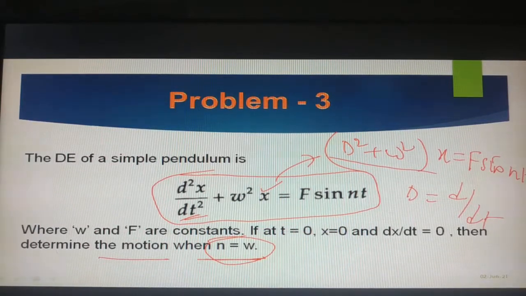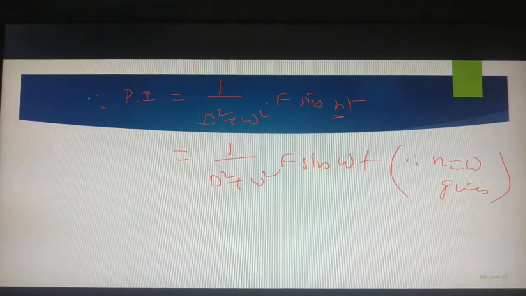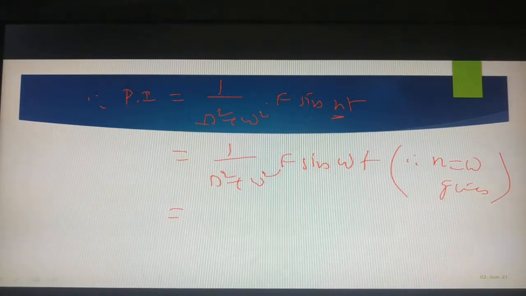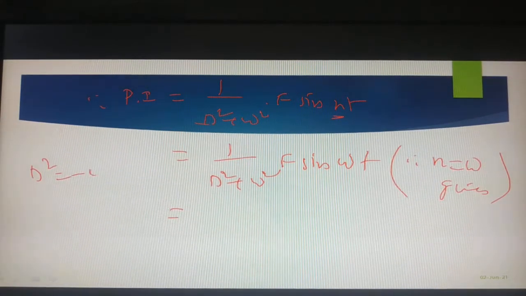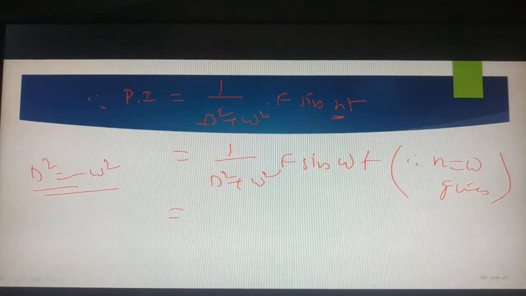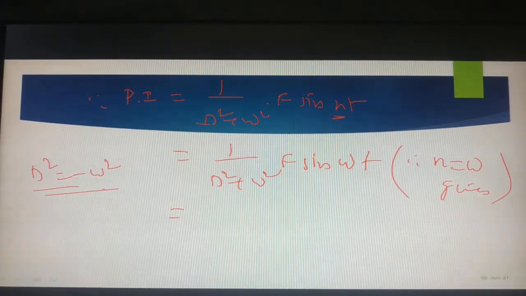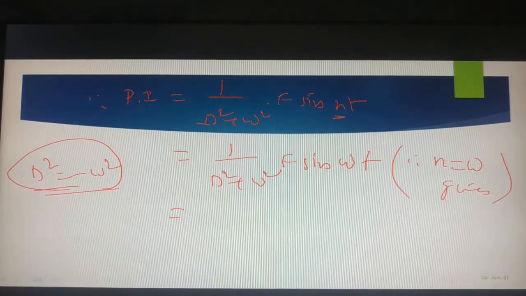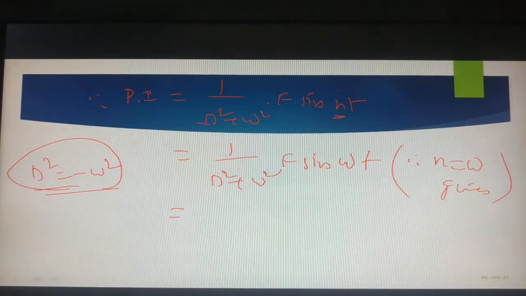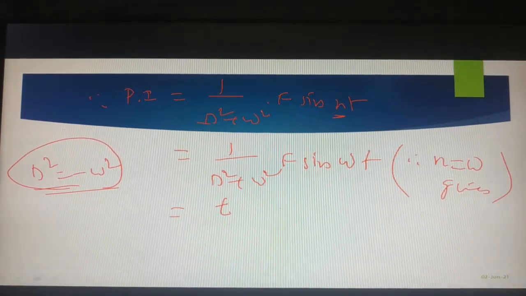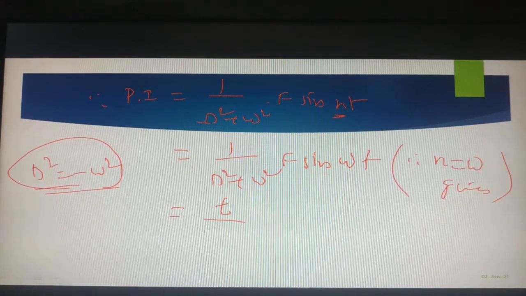If I take this particular integral and replace D square with minus a square, where a is the coefficient of t, here w, then when I substitute in the denominator, it becomes minus w square plus w square, which is 0. In that case, multiply by 1 the variable t, because the independent variable here is t. So multiply t in the numerator and differentiate the denominator.